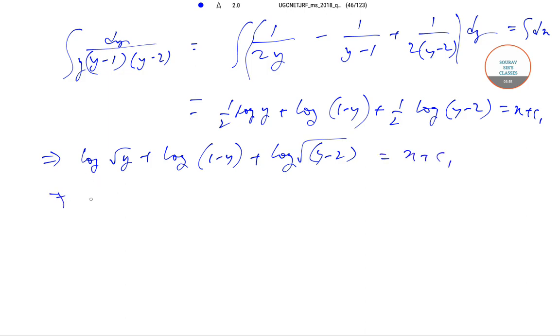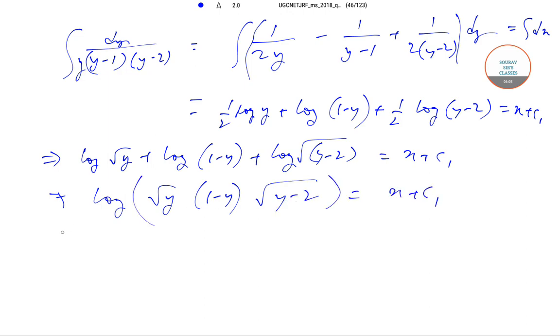So if we multiply all this log together, this will give us log of root y into 1 minus y into root over y minus 2, that will be equal to x plus c1, and this will give us root over y into 1 minus y into root over y minus 2 is equal to, suppose, some constant c into e to the power x.